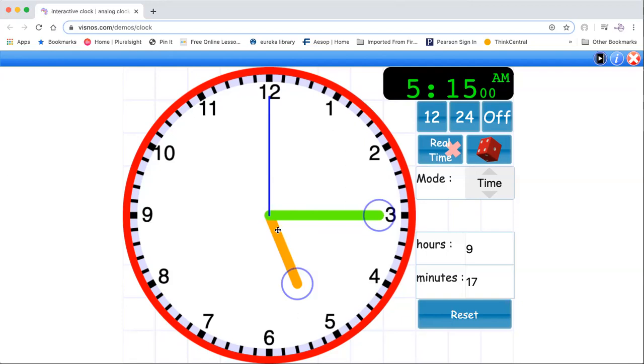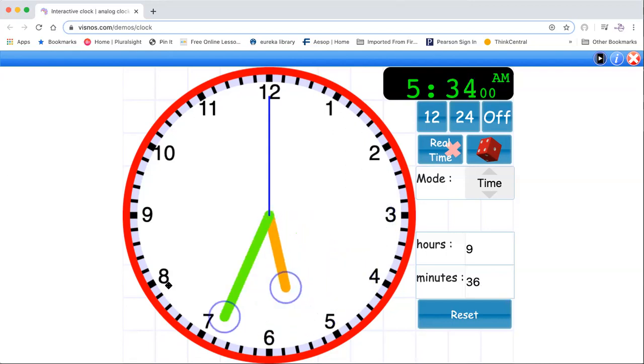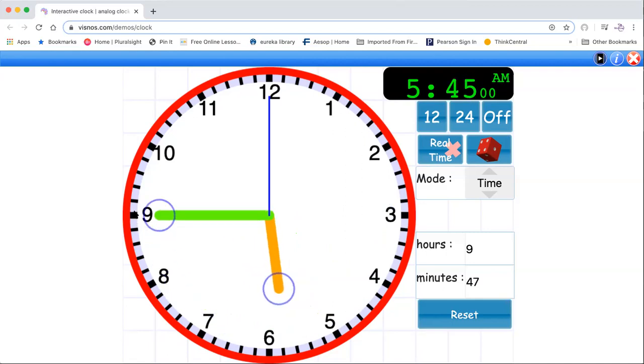We can say it is 5:15, or we can say it is a quarter after 5. They mean the exact same thing. It's just a different way of saying it. So when your minute hand is pointing to the 3, it's quarter after. Now let's bring this minute hand over to the 9.